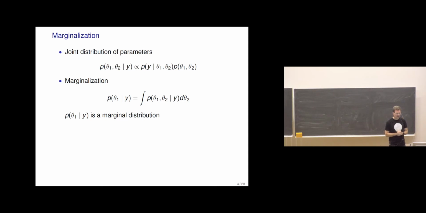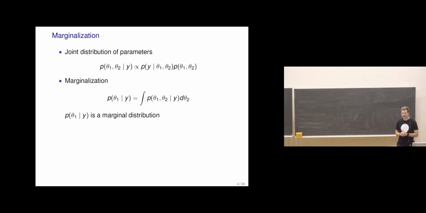When we have a multi-parameter model, we have a joint distribution, so we have several parameters. The joint posterior is then formed by having some observation model, which as a function of these thetas is a likelihood, so a likelihood which depends on more than one parameter, and a prior for these.